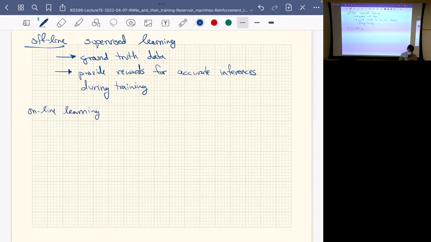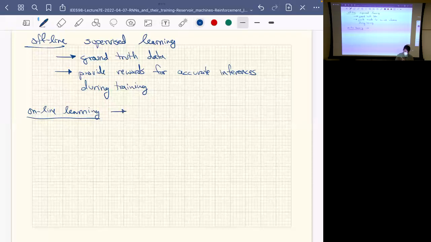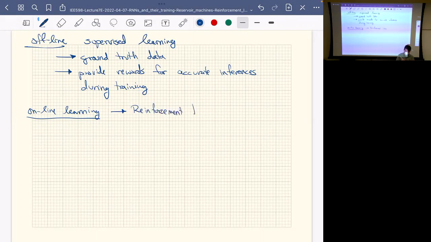And so reinforcement learning is an example of this. In reinforcement learning, this is typically deployed on an agent that interacts with its environment, and it has to update its learning parameters in real time.